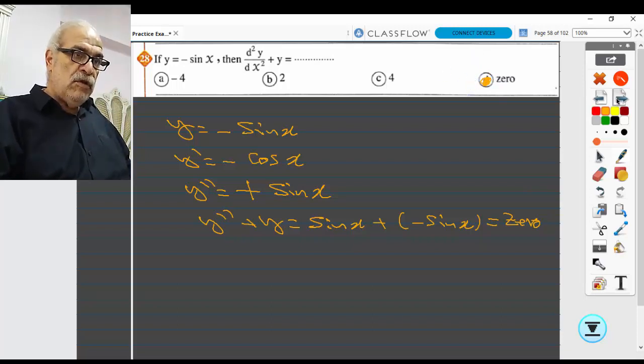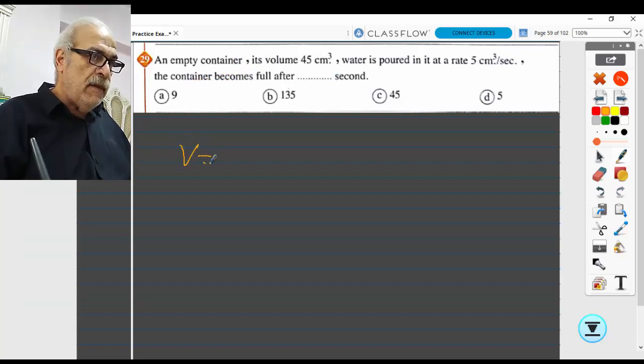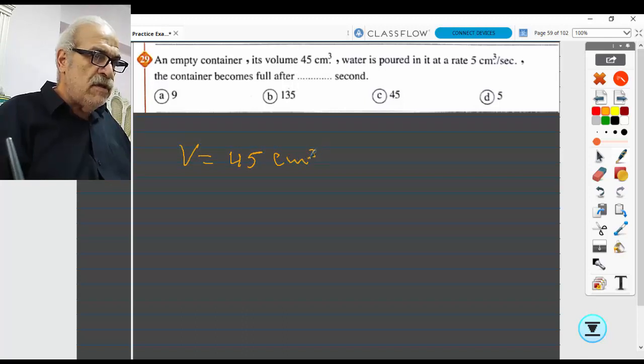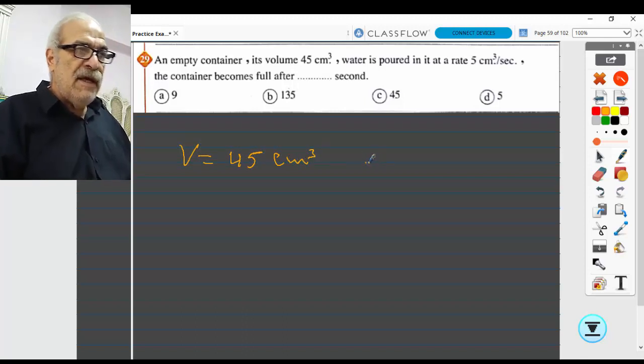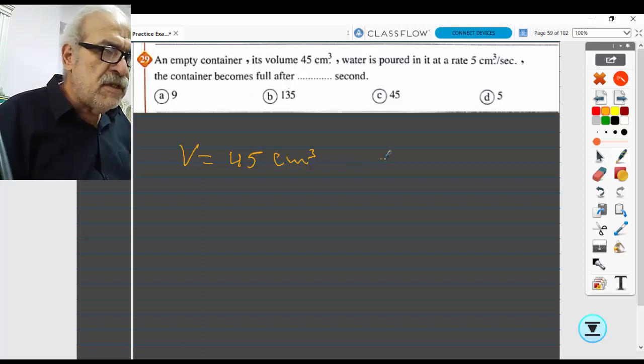Okay, question 29. An empty container, its volume equals 45 centimeter power 3. Water is poured in it at a rate of 5 cubic centimeter per second.